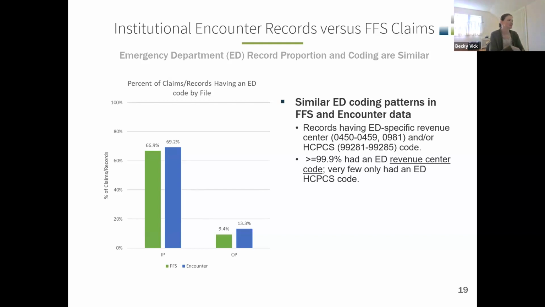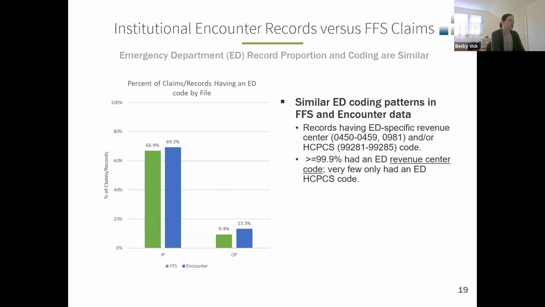So here we identified all records with an ED-specific revenue center code or HCPCS code, and for both fee for service and encounter, the vast majority had an ED revenue center code. Very, very few records only had a HCPCS code.